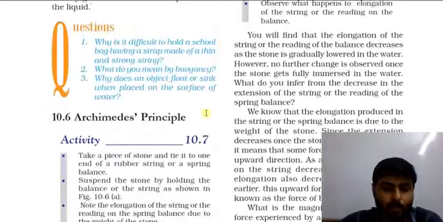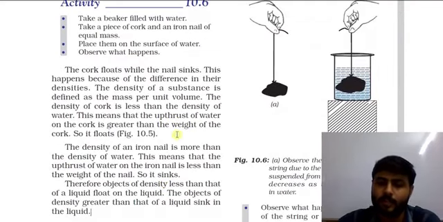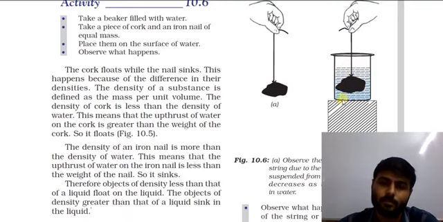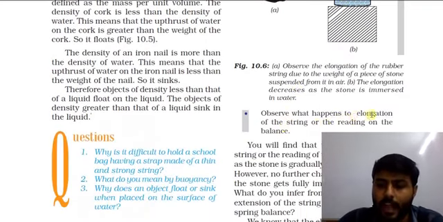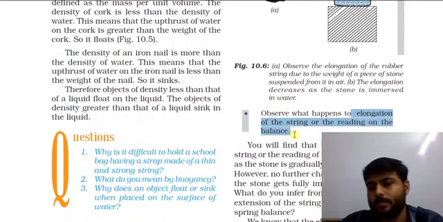Now what we have to do? Now slowly dip the stone in the water in the container as shown in the figure. Now we take this string and stone and dip it in the water container. Now we observe here the elongation of the string or the reading on the balance.